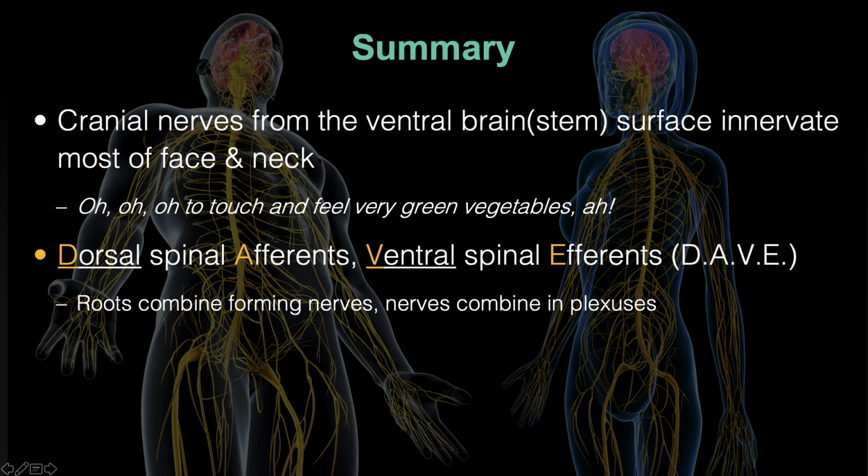The dorsal spinal afferents receive sensory information. Ventral spinal efferents send out motor information. If your name is Dave, it's easy. Or AMPS, anterior, motor, posterior, sensory. The roots combine to form nerves, and those nerves have generally both sensory and motor information.